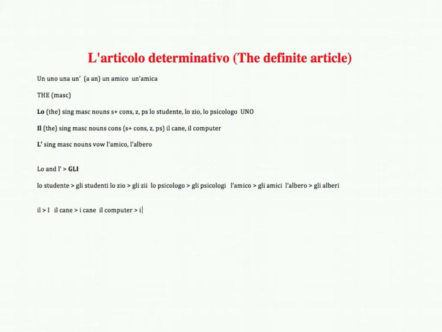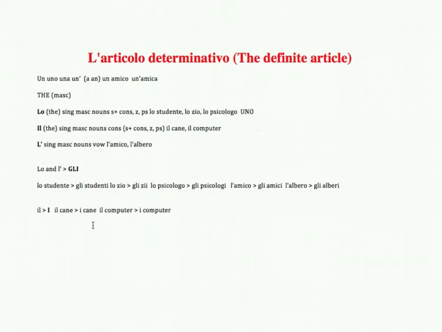Computer stays the same since it is an English word, so it will be i computer. Okay, so at this point you have learned all the articles for the masculine nouns: the singular, lo, il, and L apostrophe, and the plural, gli and i.